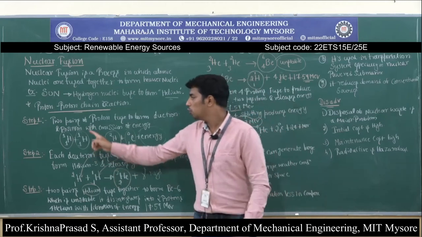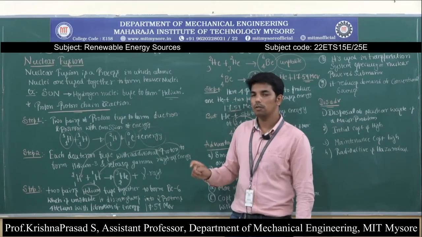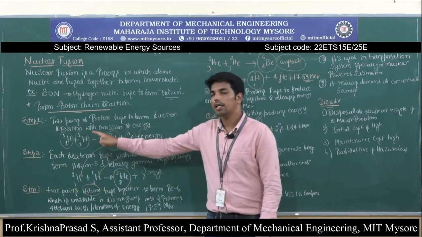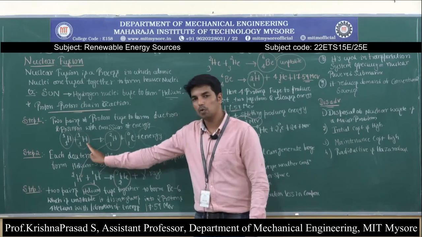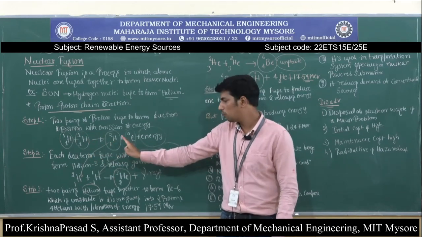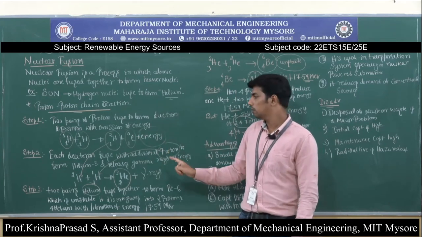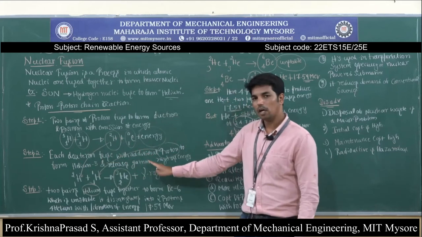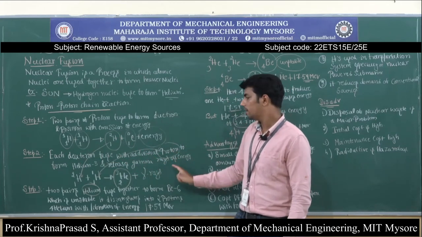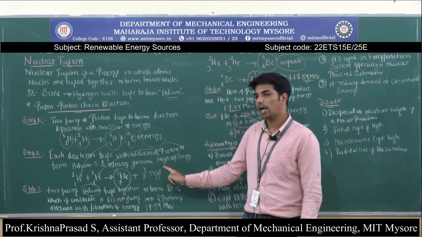In the first step, 2 pairs of protons fuse to form deuteron along with a positron and the liberation of energy. Then this deuteron again combines with an additional proton, and helium-3 is formed along with the liberation of energy and gamma rays.